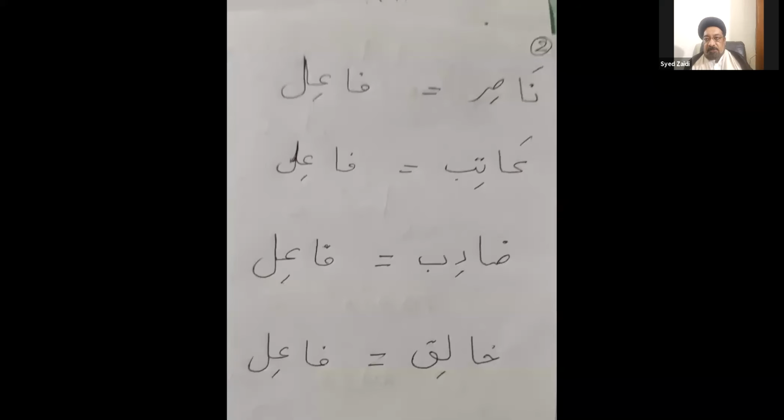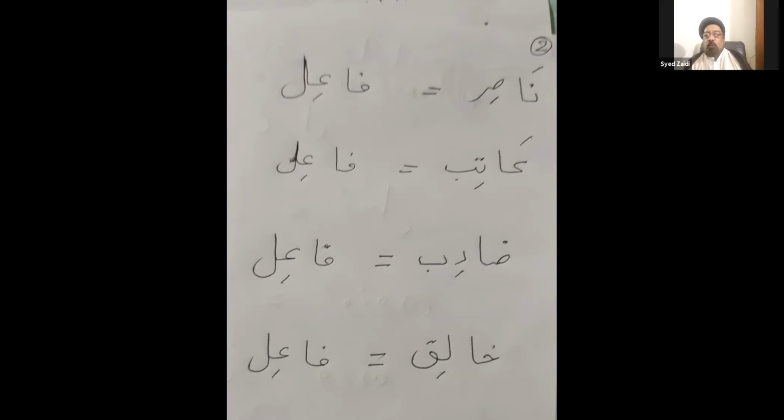The previous examples were of words from thalathi mujarrad. As you can see, all of these words on your page are thalathi mujarrad, except that not all of the letters are huruf asli.